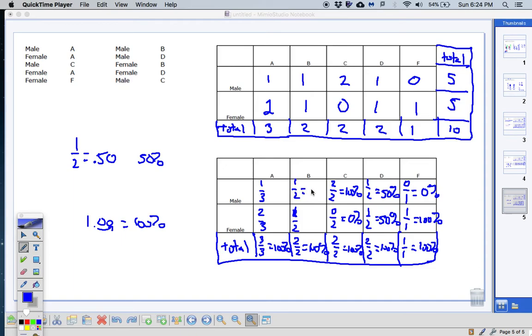We're back to halves again, so this is another 50%. And for thirds, 1 divided by 3 is going to be 0.3 repeating forever. So we're going to move it over 2 spots, and you get 33.3%, and this is going to be a rounded number, so we're going to leave it at 33.3%.